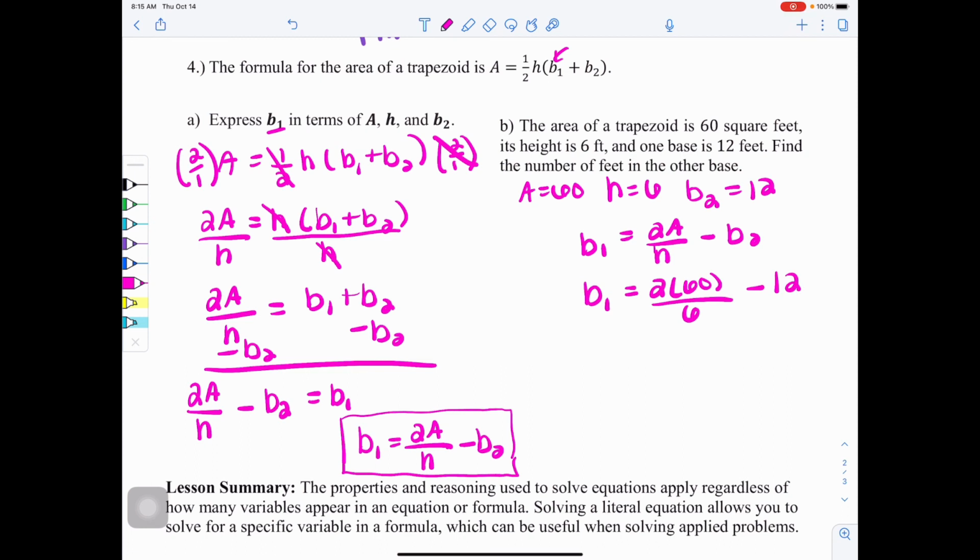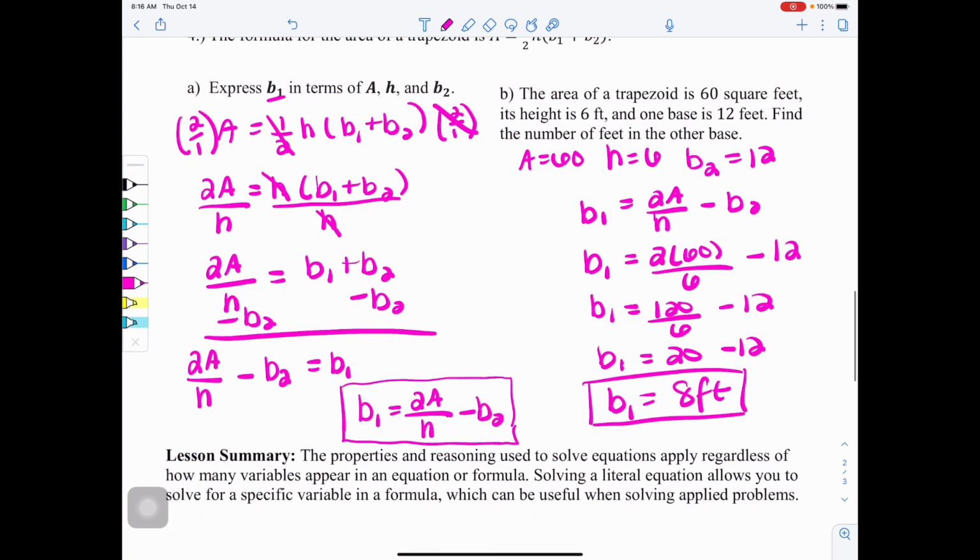That has allowed me to already have all the numbers on one side, and now I can just use my calculator, do the calculations, and have my answer, rather than using the original formula, having to plug in plus manipulate the formula at the same time in order to get my result. So here, I'm going to end up with B1 equals 120 divided by 6, and then minus 12. So this is B1 equals 20 minus 12, which means B1, or one of the bases, is 8 feet.